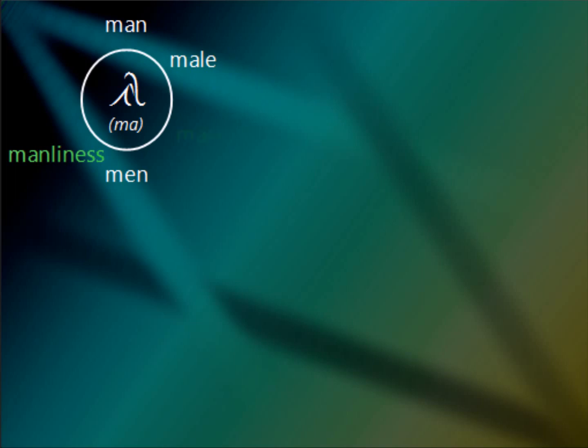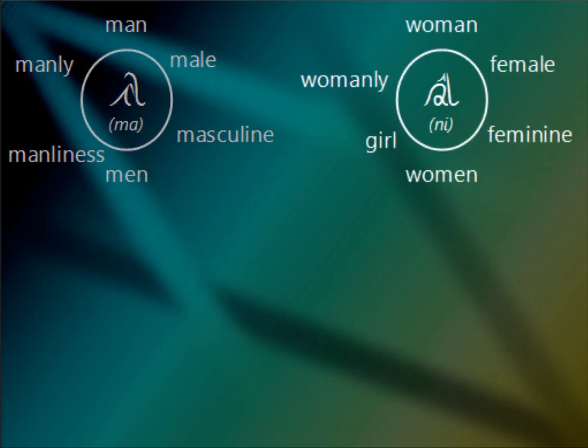It can therefore mean man, men, male, manliness, masculine, manly, and so forth. The counterpart of ma, which is ni, functions exactly the same. It can mean woman, female, feminine, women, girl, womanly, and so on.